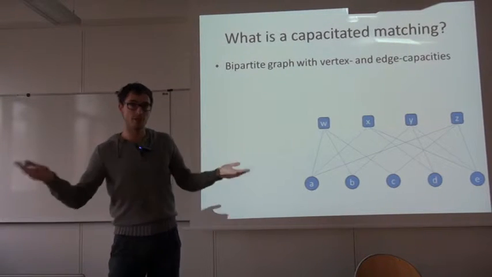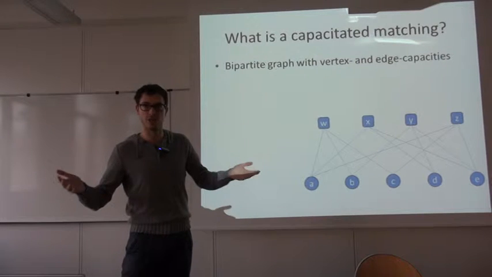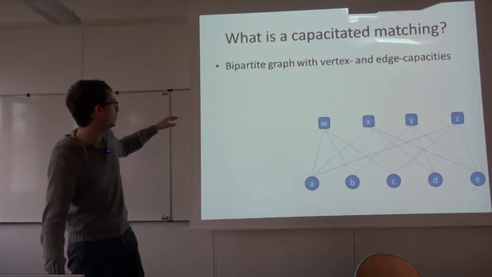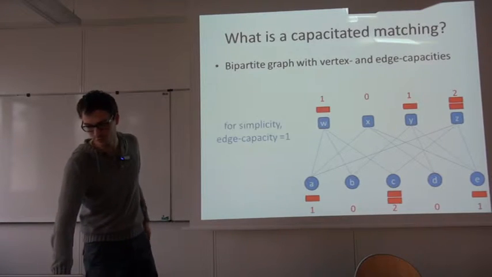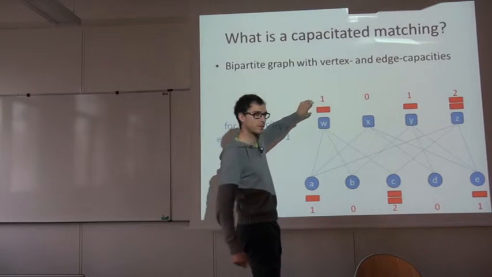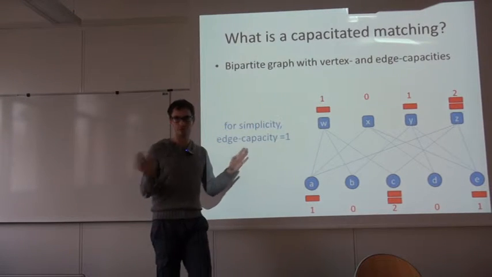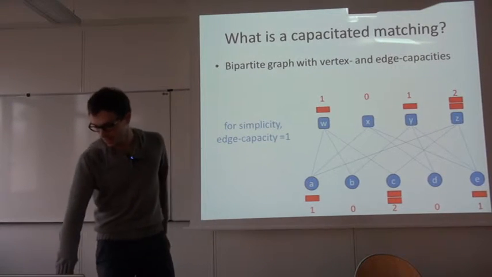If you know what a matching is, it's a slight generalization of a matching, but I'll recall what it is anyway. So given a bipartite graph with vertex and edge constraints, here I put vertex constraints in red, and for simplicity we'll use edge constraints equal to 1.